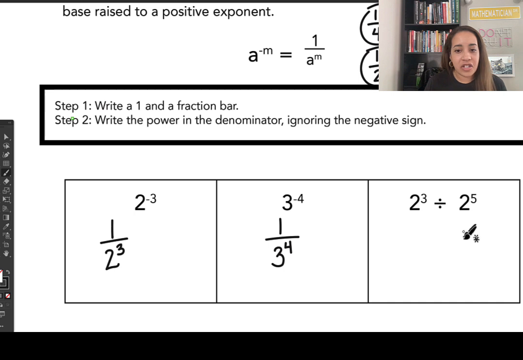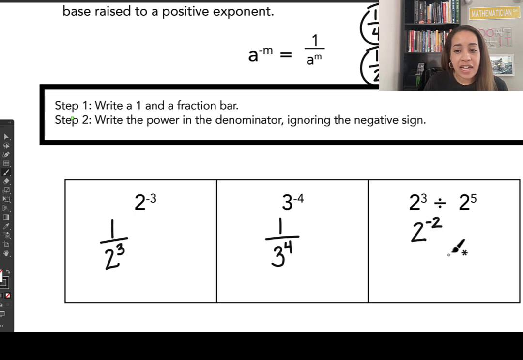This one is a 2-step problem, so it's giving us an extra challenge. I see division, so I know that I need to subtract. I'm going to keep the base the same, and then 3 minus 5 gives us -2. So now I am seeing this negative exponent.